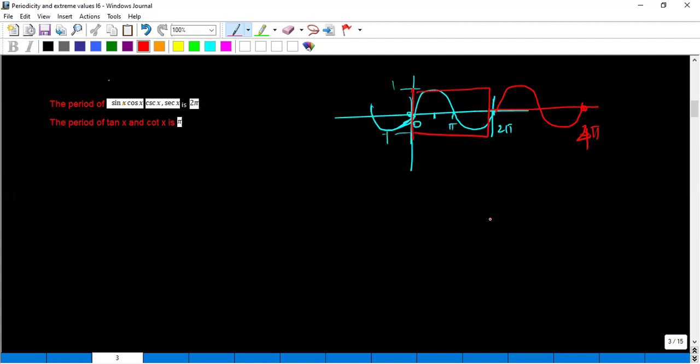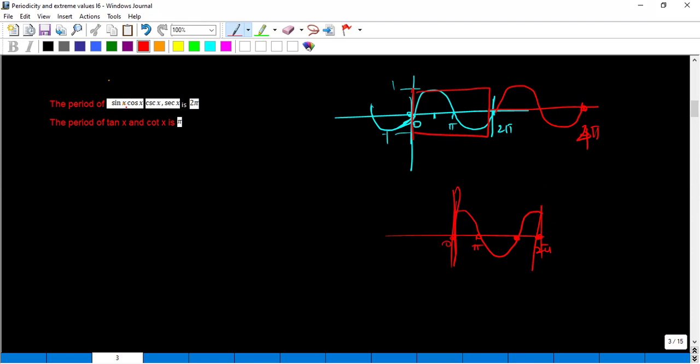For cos wave also, you can see like this. This wave will repeat from 0 to 2 pi. This is 0. This is pi. This is 2 pi. Now, this particular range we are calling as periodicity.